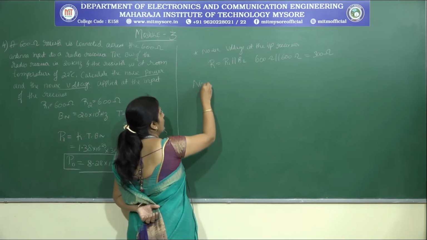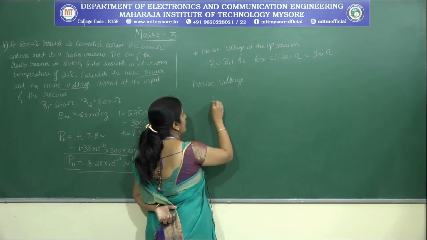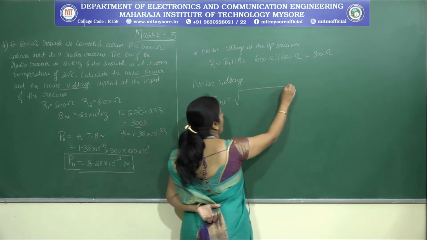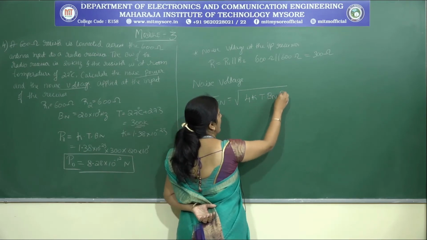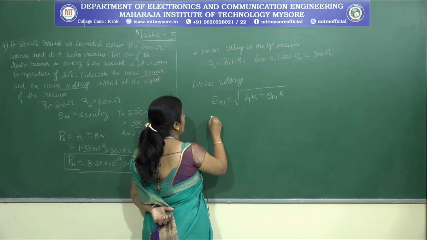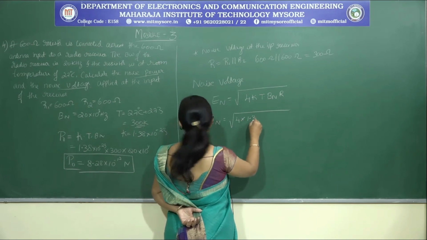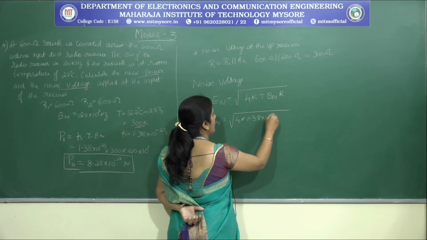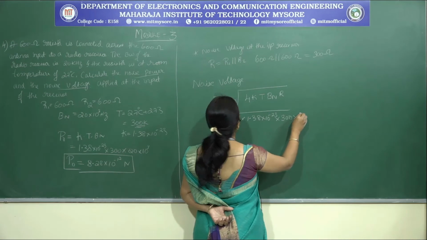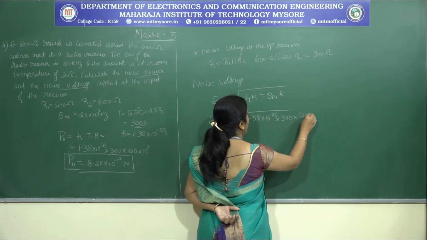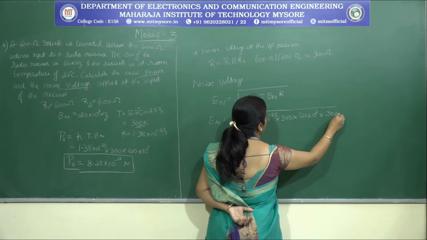The expression for the noise voltage, the formula is En is equal to square root of 4 into K into T into Bn into R. So substituting for this, we are going to get 4 into K, which is 1.38 into 10 power minus 23, into the temperature 300, into Bn, that is 20 into 10 power 3 hertz, into R is equal to 300.